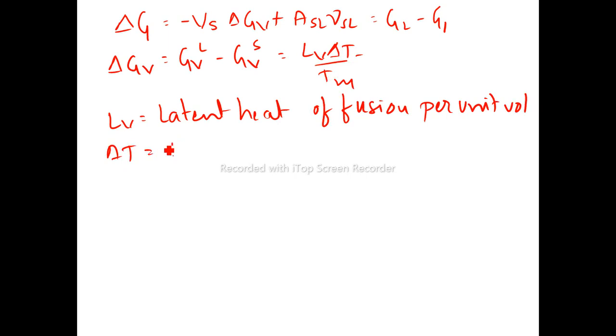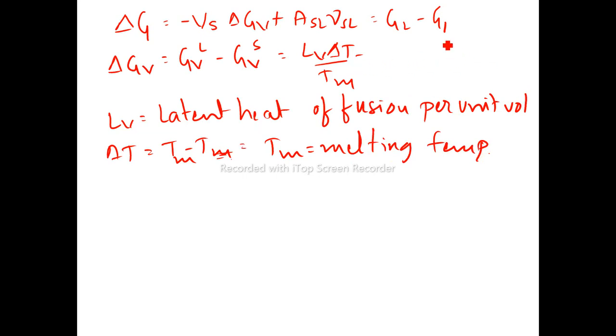That means Tm minus T. This is equal to delta T, and Tm is the melting temperature. Okay, this is the equation that we got. So I will write this equation. I will consider this equation first now, and I will explain some terms.